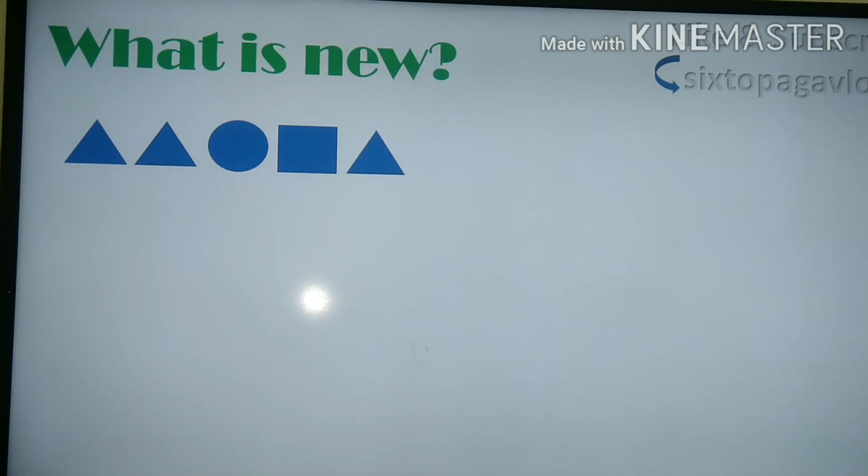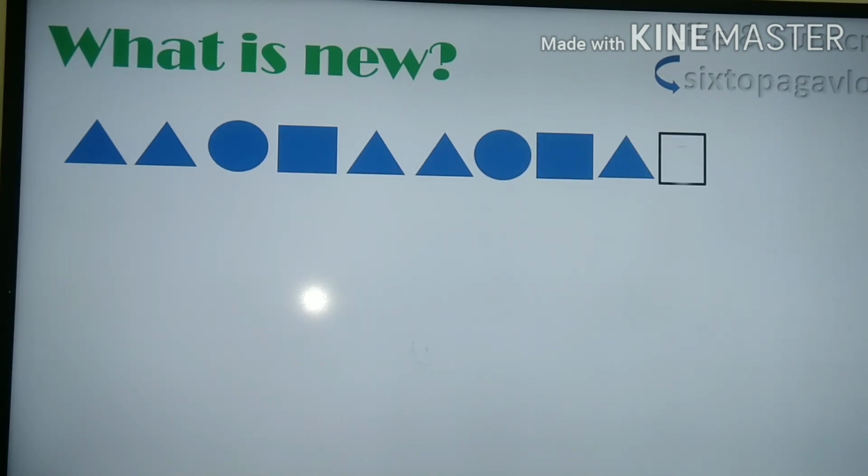So ang titingnan nyo lang dyan yung pattern. So yung last two elements, yun ay aalamin natin. So makikita nyo mayroon siyang question mark. Okay? So ibig sabihin yan, hindi lang pala lahat na numbers ang pinag-uusapan sa sequences.